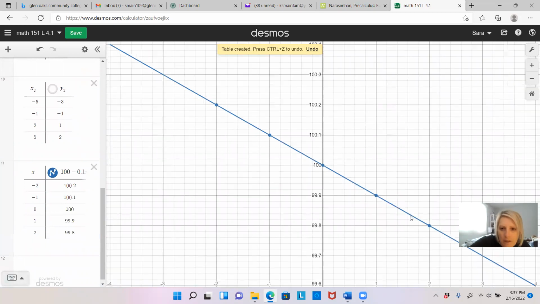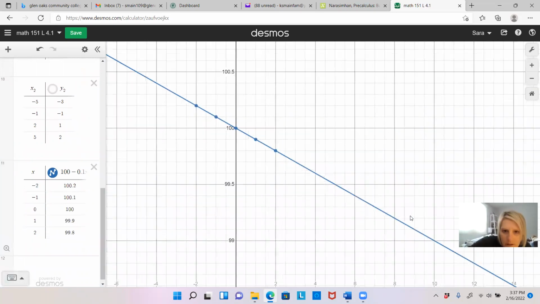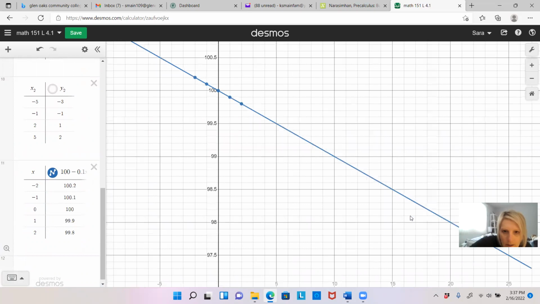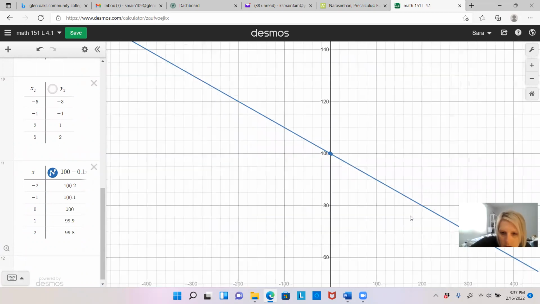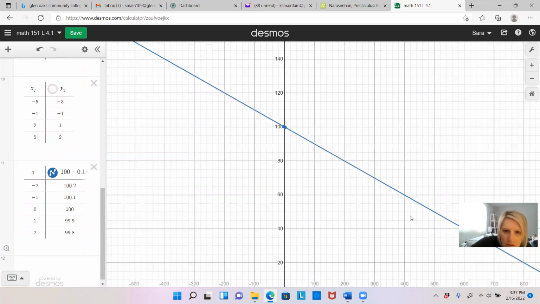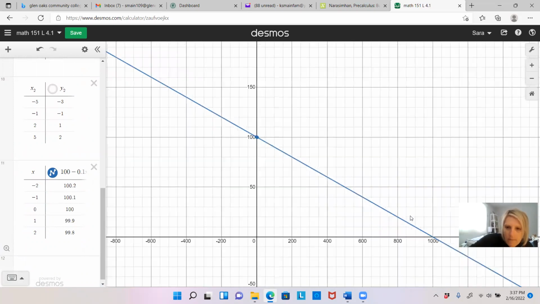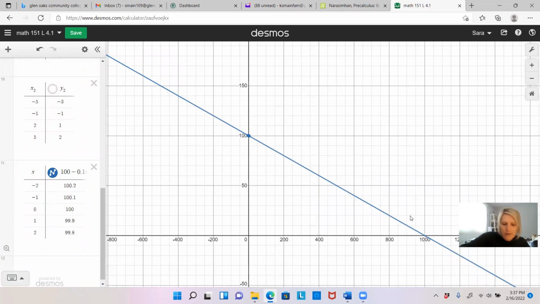Okay. So here is our, I'm just zooming way out. Okay. So as you can see, as your quantity goes up, it's driving the price down. So the more you have, the price goes down.